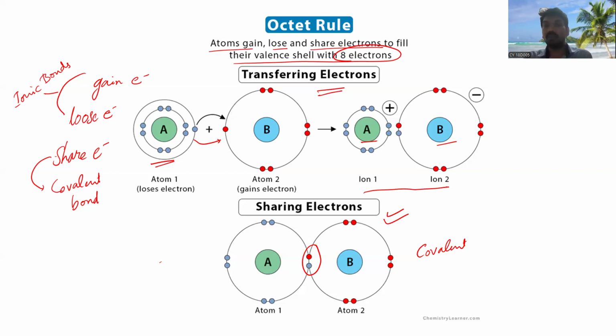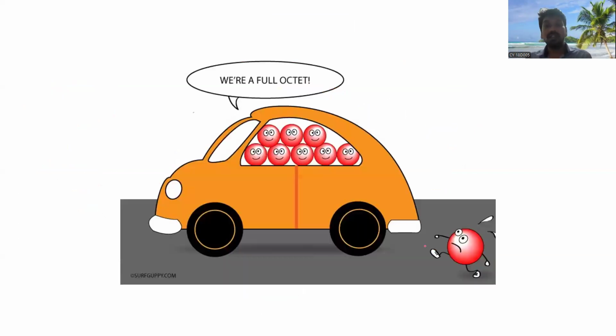Okay, let's see some more examples of the octet rule. This is just a cartoon displaying how an octet can be achieved. You can see this car has a capacity of 8 electrons, or 8 persons. Once these 8 persons are there, they are not going to take any other person.